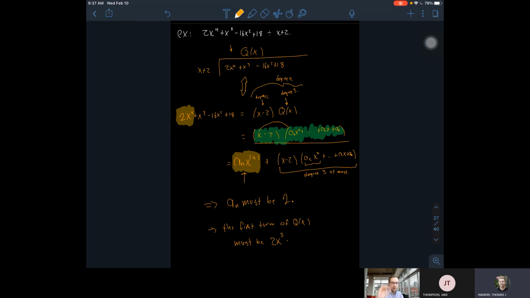Okay. I'm not sure if this is making a whole lot of sense, but this is kind of the idea of what's happening here. We're going to rely on our principles of how we FOIL, and on the fact that we can take out this an x to the power 4. All right.